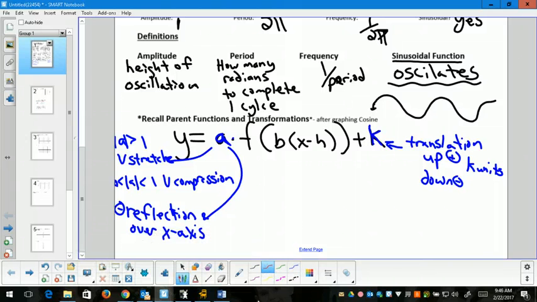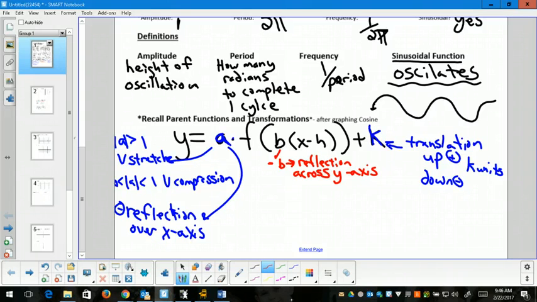Now it's a little different for B and H. B and H are things that happen horizontally, but they're actually counterintuitive. If B is negative, then there's a reflection across the y-axis. But there's something else B does.